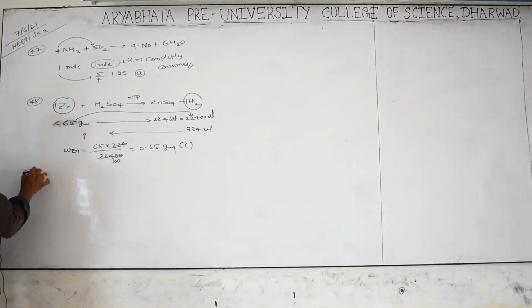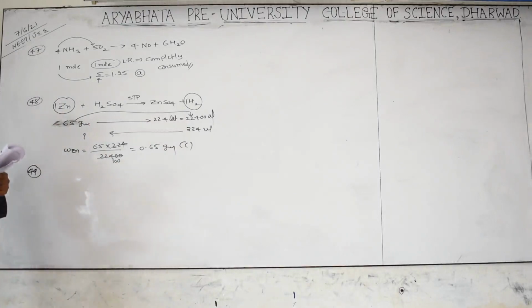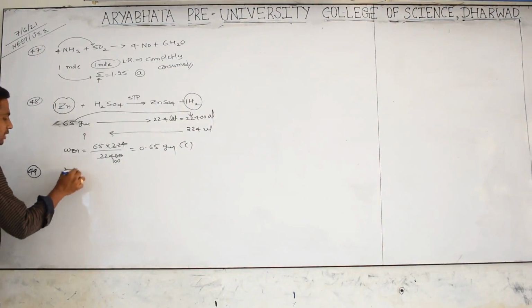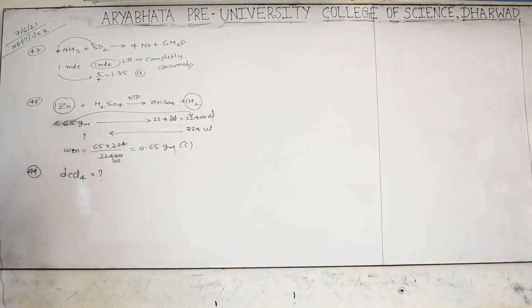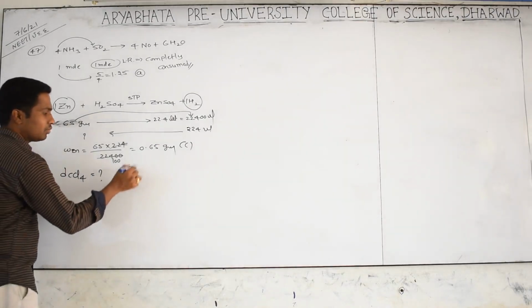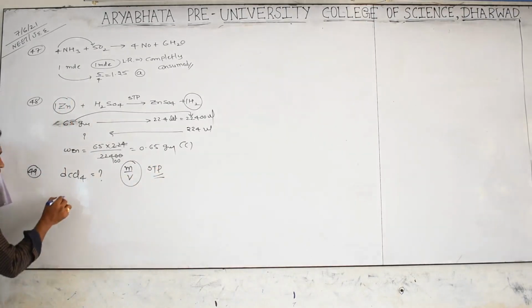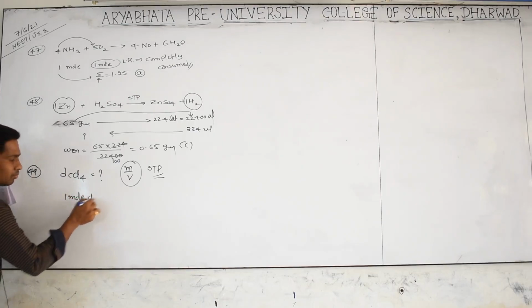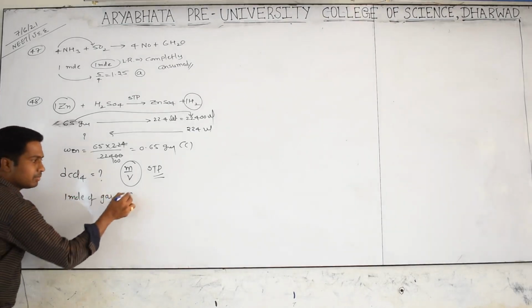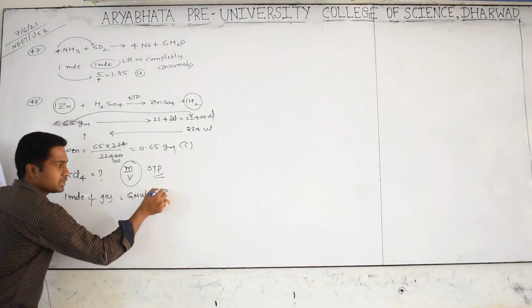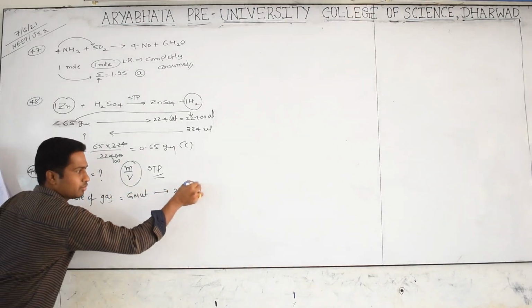The last question in that worksheet is 49. At STP, the density of CCl4 vapor in gram per liter will be nearest to what? Density means mass by volume. For that I take STP as reference: 1 mole of a gas, the gram molecular weight of the substance, occupies 22.4 liters.